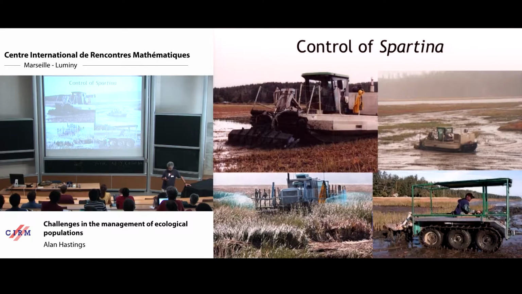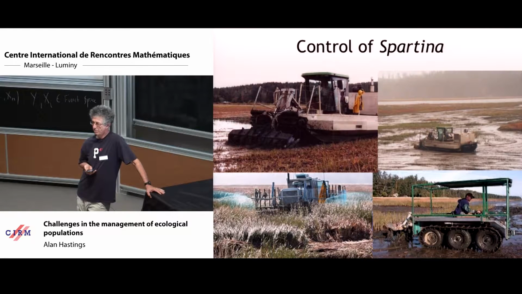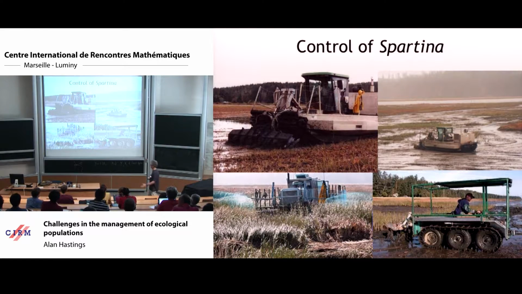And so there was a very large effort to control Spartina in this Willapa Bay, partly because the leader of the Washington State Senate, so the Senate for the state of Washington, not for the US, had this area in his district. So they got money to control the Spartina.